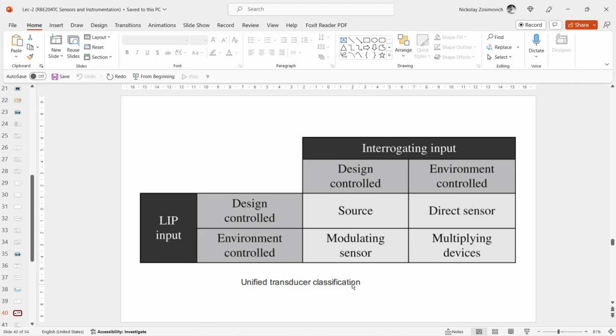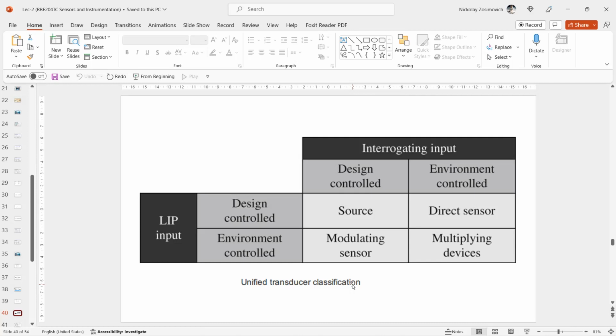The output is totally determined by the construction and the material that have been chosen. Do you agree with me? Okay. Any environmental effect on the output is ideally excluded.